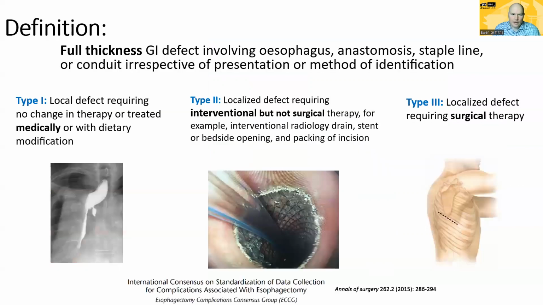esophagectomy. We graded leaks into type 1, which is treated medically, type 2 treated with stents or sponge or some form of interventional radiology, and type 3 requiring return to theatre for surgical treatment.